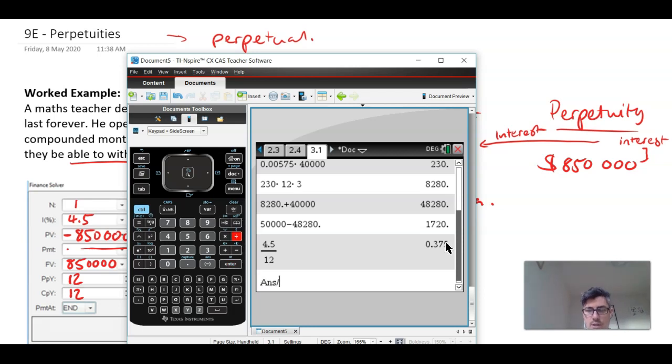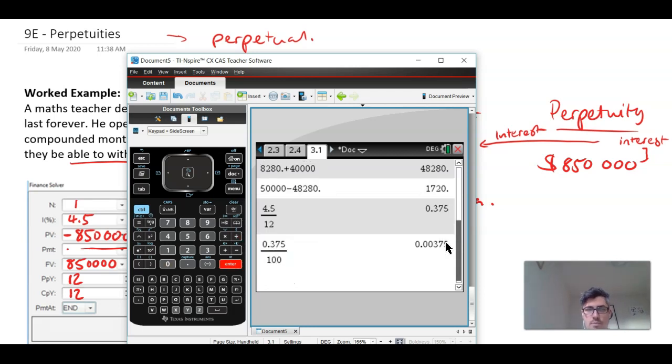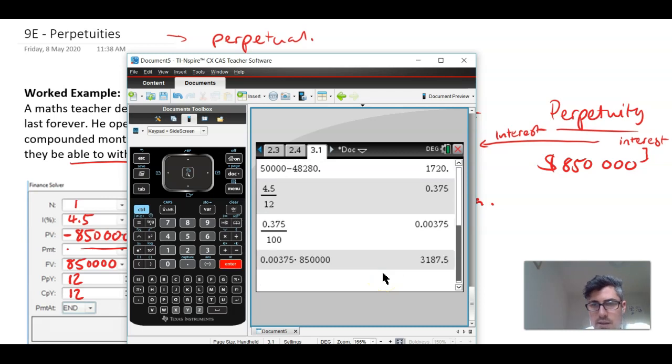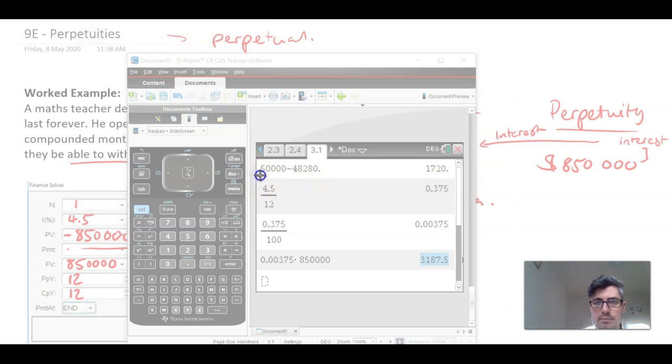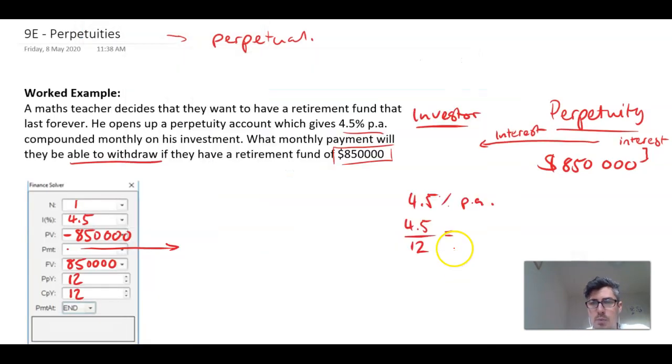I then want to turn that into a decimal, so I'm going to divide it by 100, and multiply that by the 850,000. That will give me 0.375% of 850,000, which turns out to be quite a bit actually, 3,187.5. I'm just going to copy paste those workings in as well, because that's one way of working this question out.